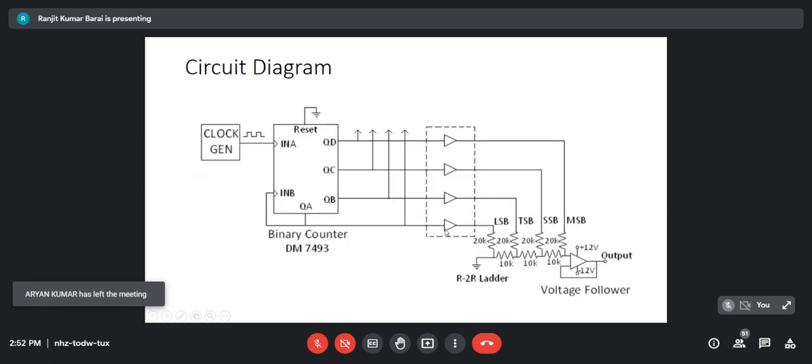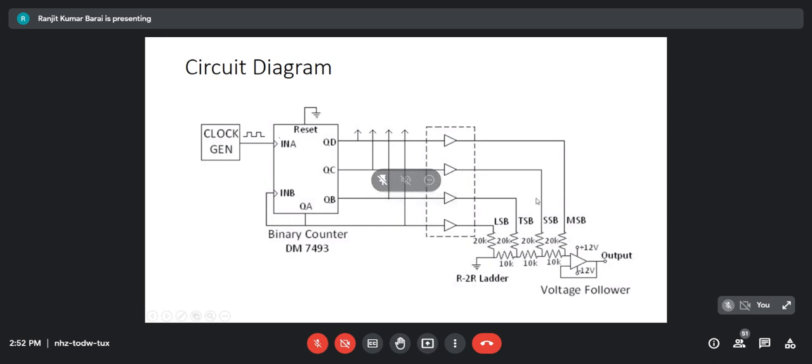Now the circuit diagram, I have picked it up from the instruction sheet. I have some objections regarding this circuit diagram. See, the main part of this experiment is the R2R ladder network. This part is shown as a very little circuit, not much highlighted.